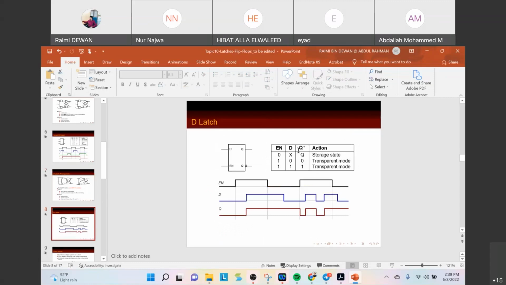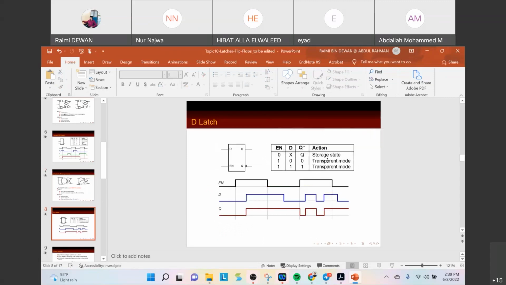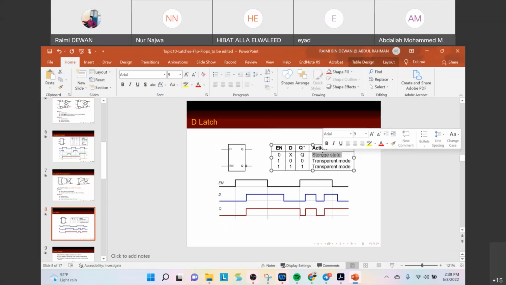So if you have enable 0, because we are following the edges, not following the level, it will be the storage state. What does storage state mean? It means it just follows the previous value.